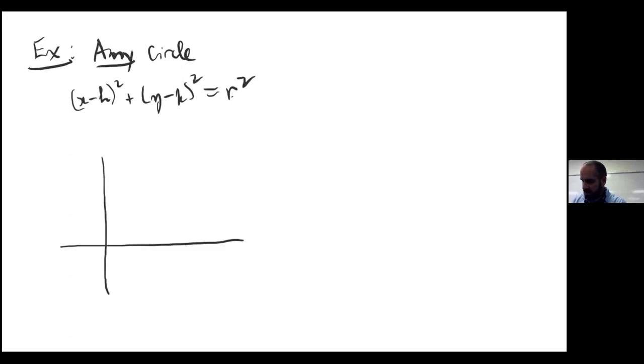Here's h, here's k, here's the center, and I have a circle of radius, what? r. What do you guys think? What are we going to do in this case? How would we parametrize this curve?